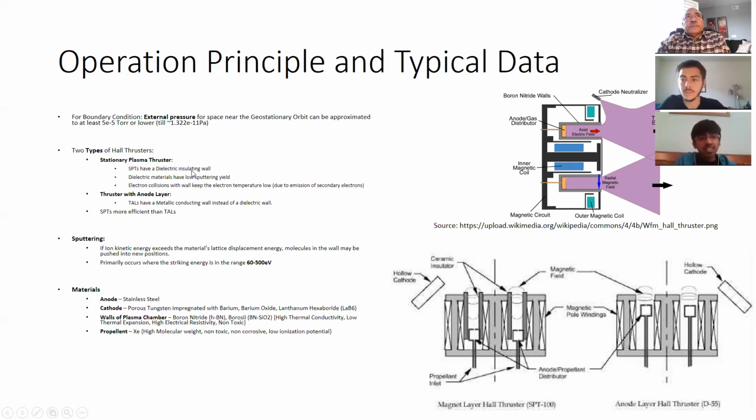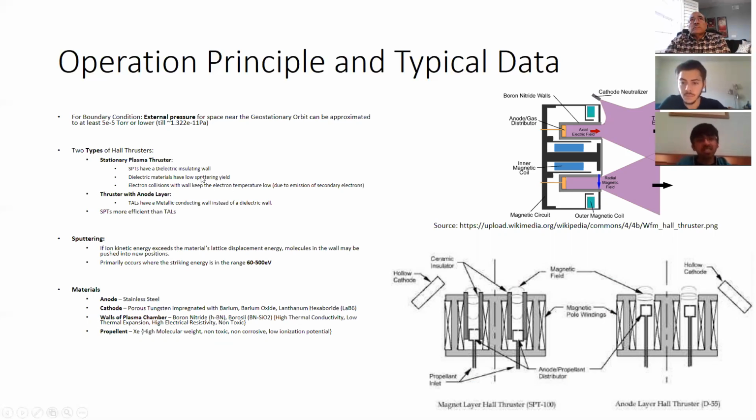The basic difference between these two is that there is a dielectric wall which the plasma chamber is actually made out of. It's a dielectric wall in the case of a stationary plasma thruster, but it's a metallic wall in the case of a thruster with anode layers. That's the biggest difference, and the stationary plasma thrusters are found to be more efficient.